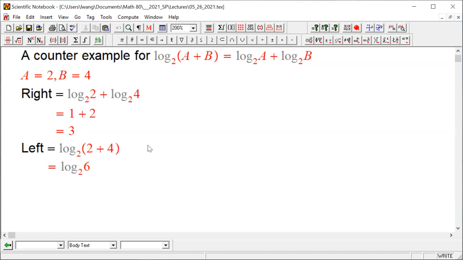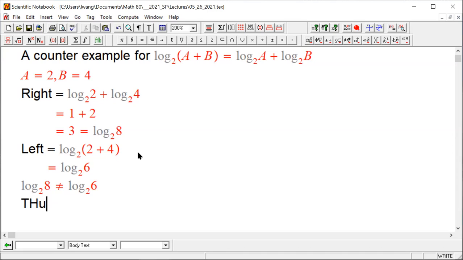We know that 3 equals log base 2 of 8. We did numerous examples. Are these two the same? They're not the same. Log base 2 of 8 is not the same as log base 2 of 6.